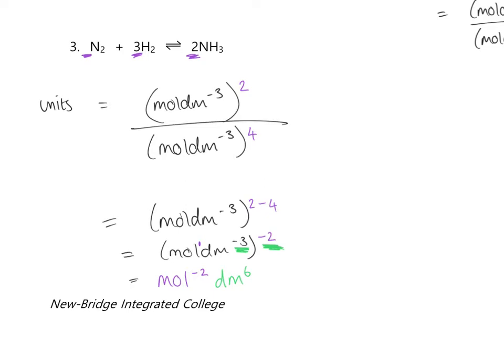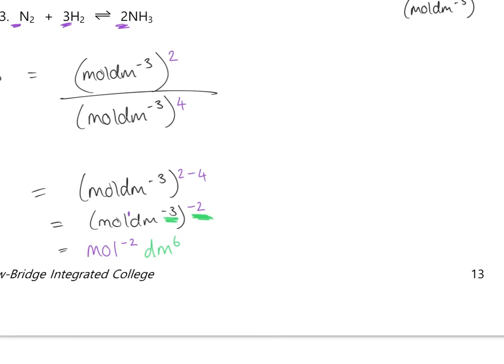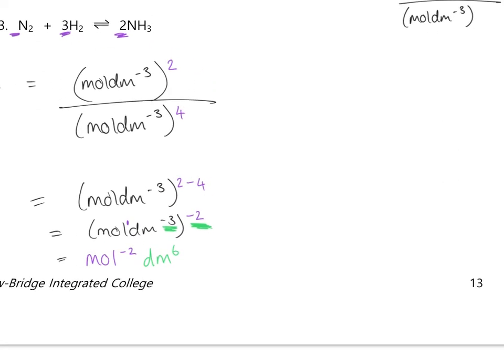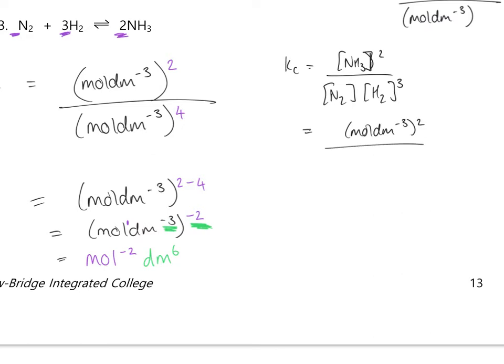The slightly longer way of doing that, although you should get to the same point, would be writing your expression for Kc. So Kc is going to equal the concentration of ammonia squared over the concentration of nitrogen times the concentration of hydrogen cubed. So that would be moles per decimeter cubed to the power of 2 for your ammonia, moles per decimeter cubed for your nitrogen times moles per decimeter cubed to the power of 3 for your hydrogen.